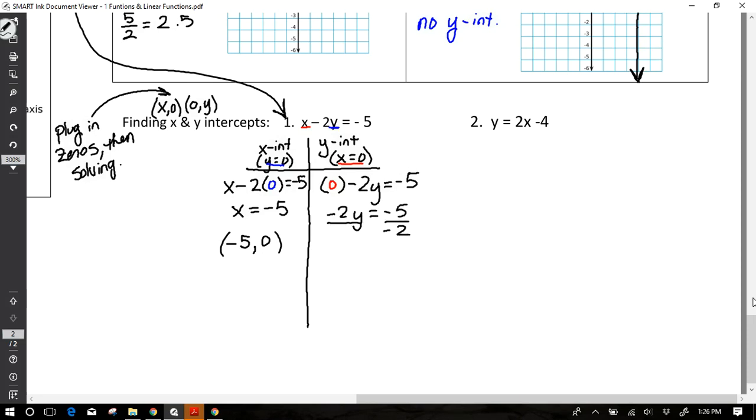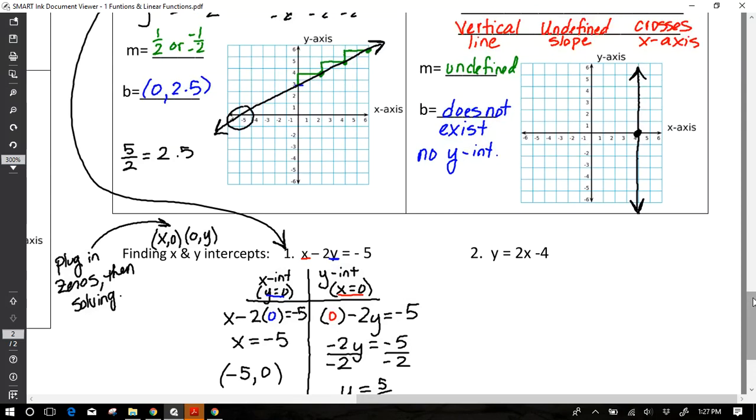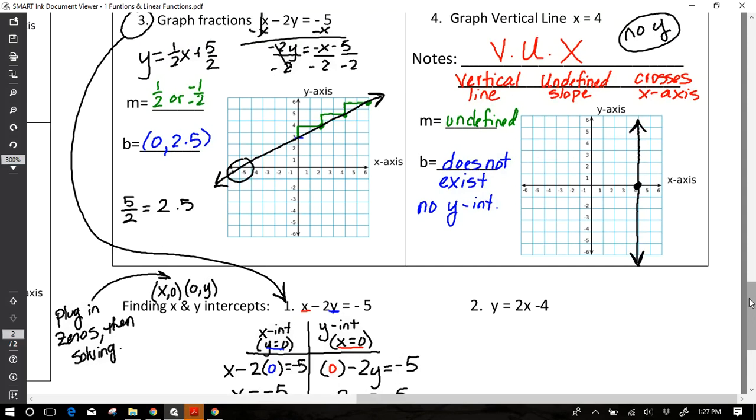Divide by negative 2, and I find that y equals positive 5 halves, which is, as an ordered pair, 0, comma 5 halves. And if we scroll back up and look here, we can see that we did get the y-intercept was 5 halves when we solved this equation for y equals. And it says b equals 0, comma 2.5, which is the same as 5 over 2.